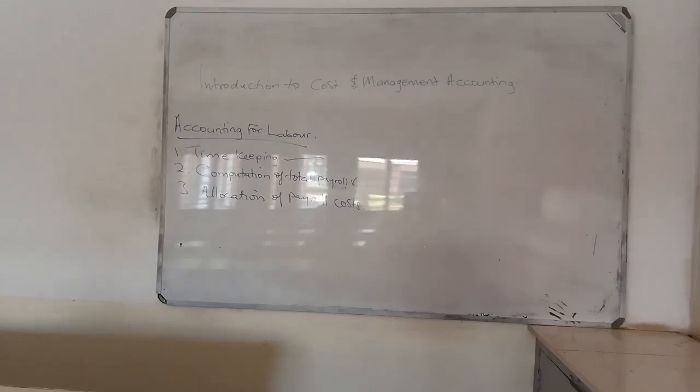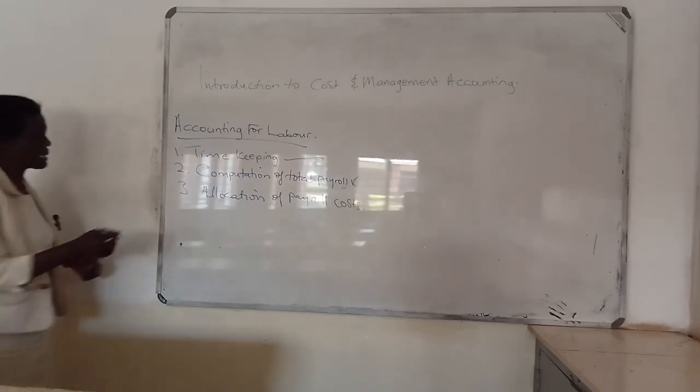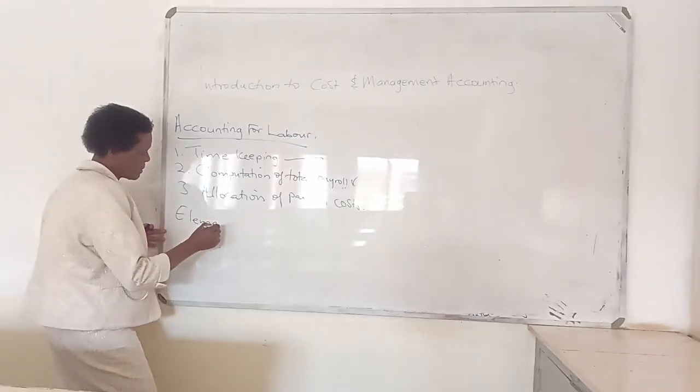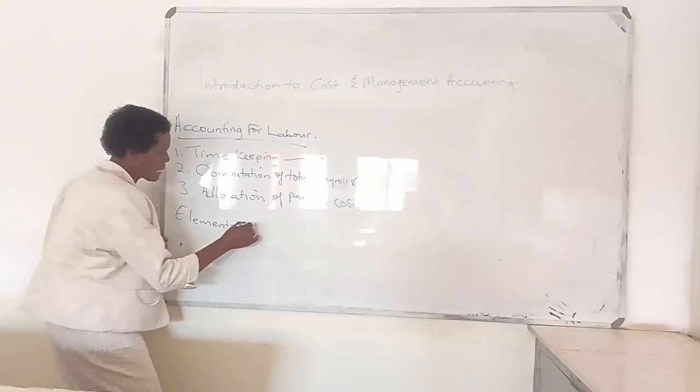And then we continue on accounting for elements of labor. We have other elements when we're talking about labor. Apart from what we have done, we also have additional elements that are very important when we are accounting for labor.